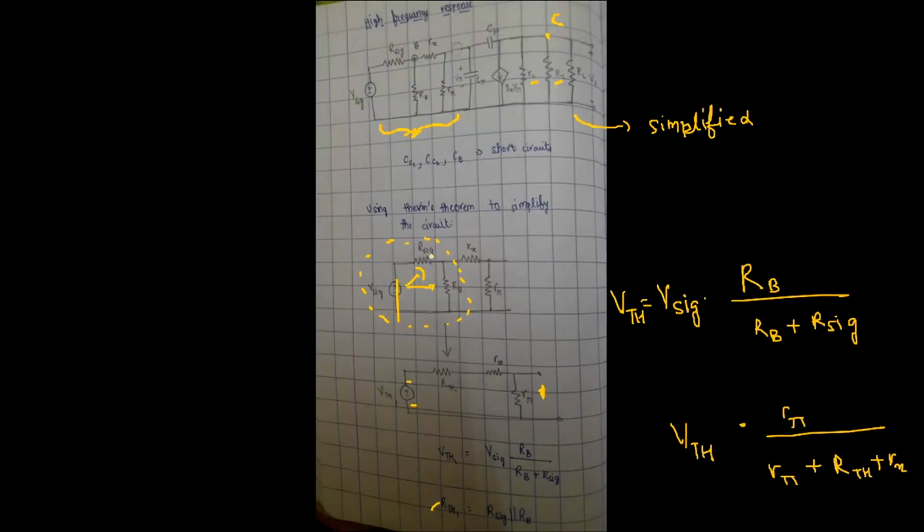We know that VTH is V signal into RB divided by RB plus R signal, and we also know RTH is RB parallel to R signal. So we replace these by all of that. And the final R Thevenin, when we short circuit this, what happens? RTH1 and Rx are in series and their resultant is in parallel with R pi.